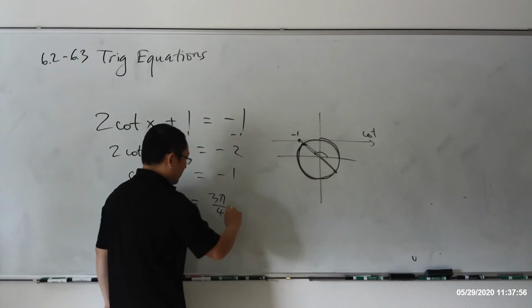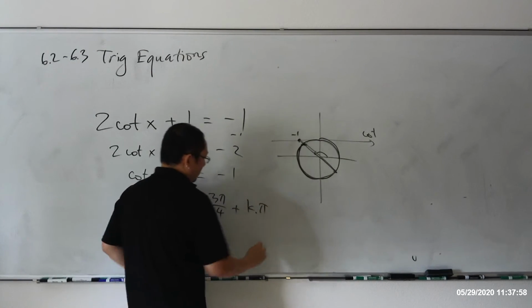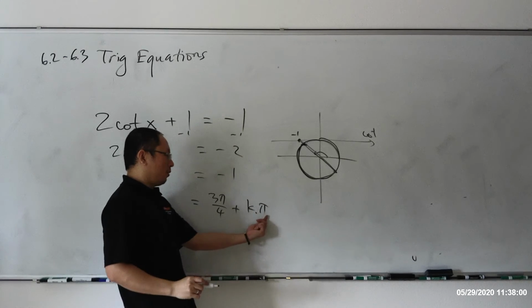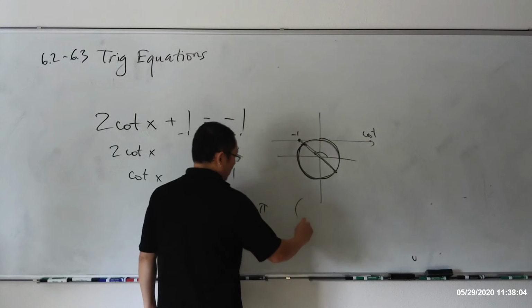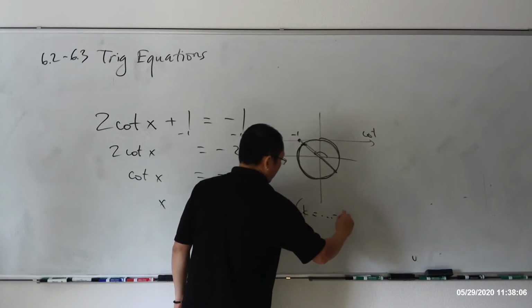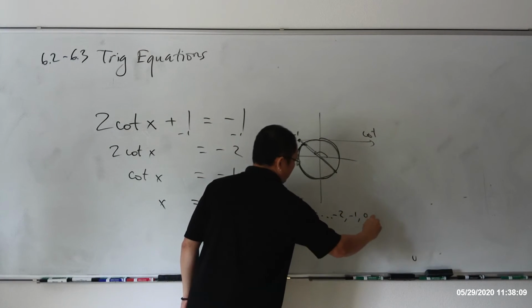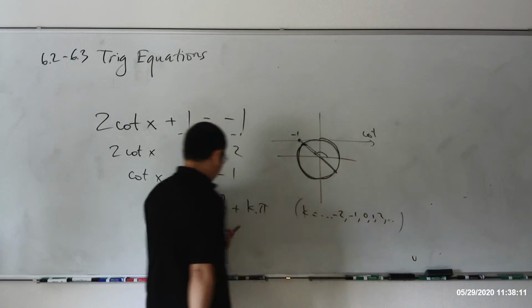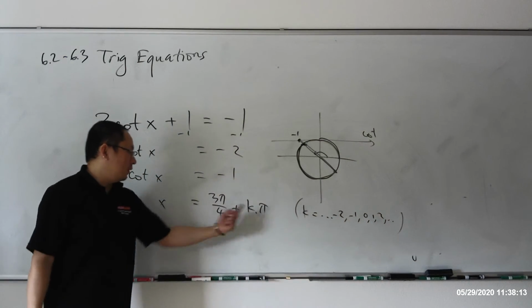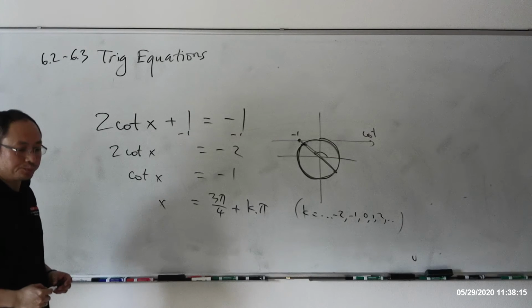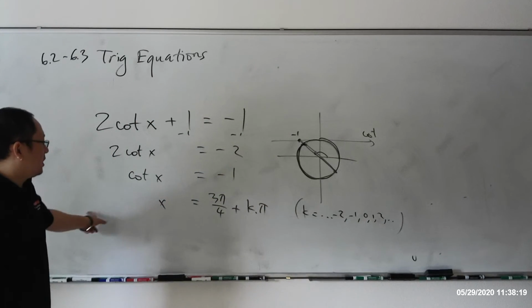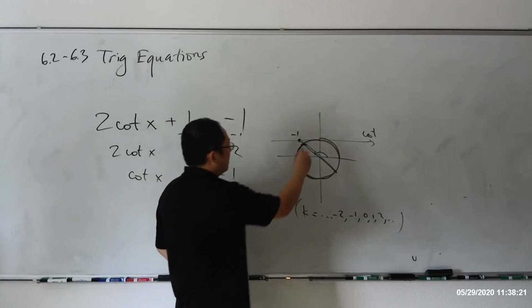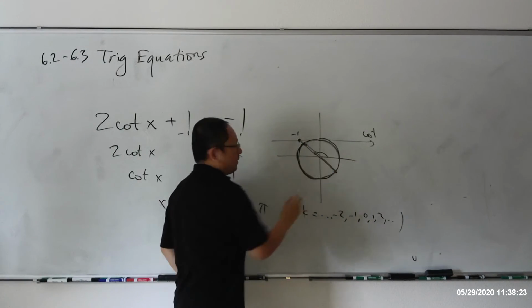So plus k times pi, where pi is 3.14 and k is a counting number: -2, -1, 0, 1, 2. Depending on the interval, you plug in the k value, you have the answer. In our problem, if they say that x is between 0 and 2 pi, you have two values: 3 pi over 4 and 7 pi over 4.